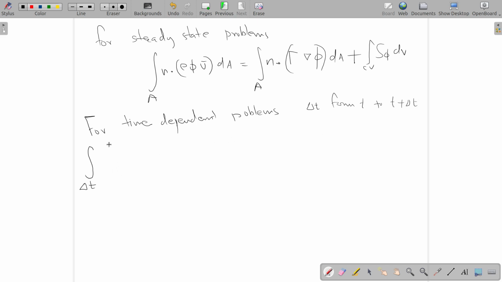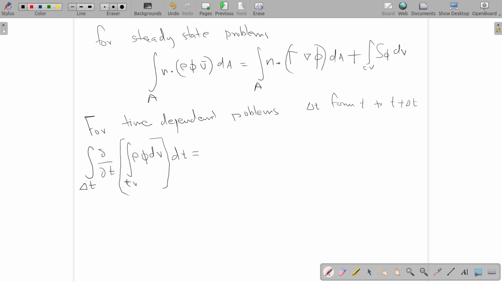Now the term is rho phi dV. Derivative of that, and I'm integrating the whole with respect to dt. So you can see that I've switched the operations here.